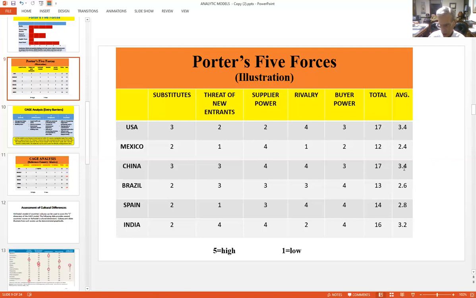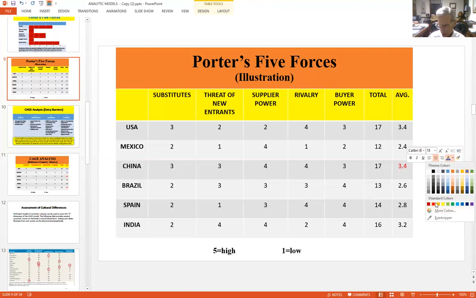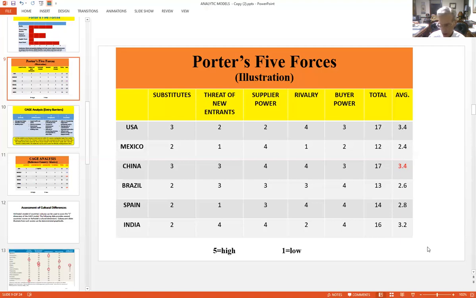It looks like there's one that sort of stands out, right? And that's China. This is the profit potential of this industry and the firms in it. And, oh, and the US, sorry about that.